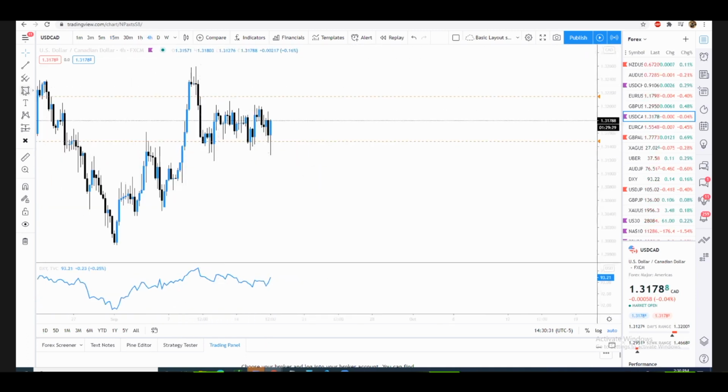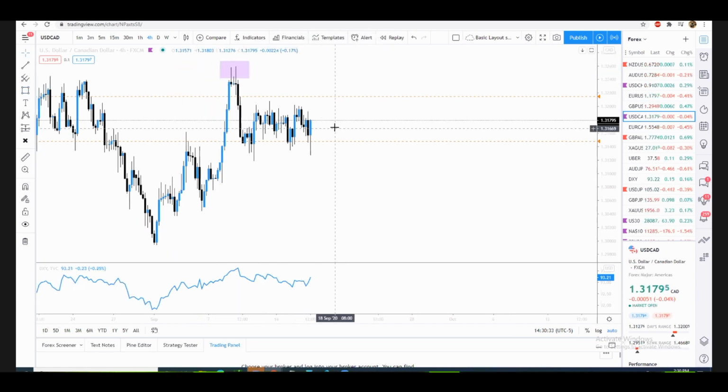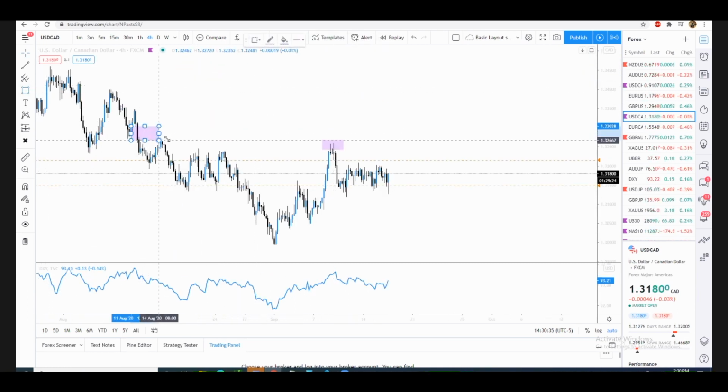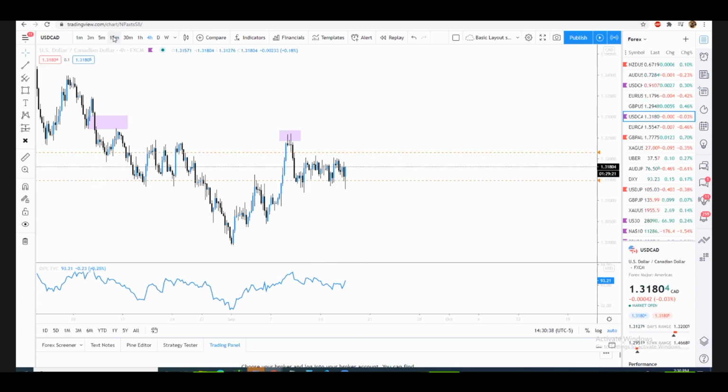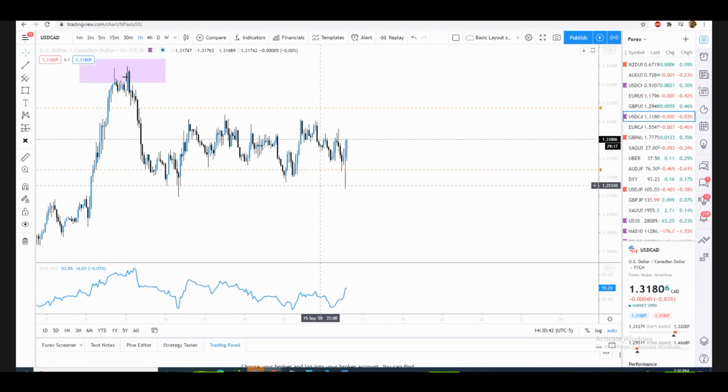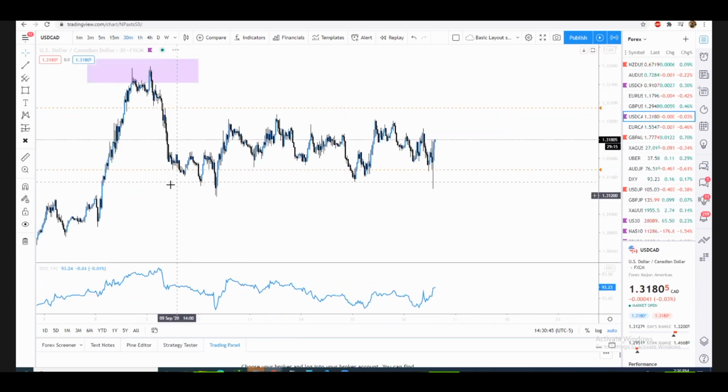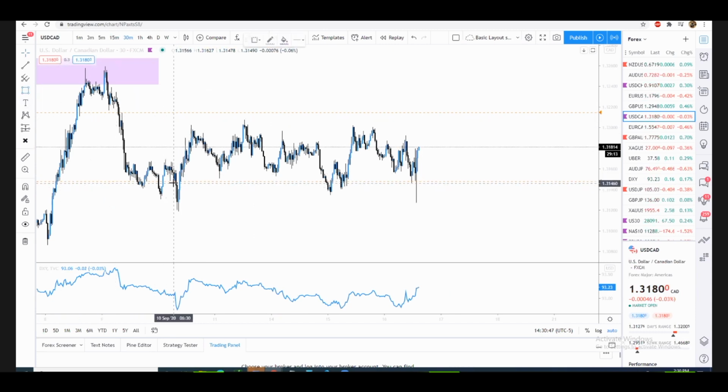Originally, we wanted price to come up in this area, right? There's imbalance and then liquidity up here. The area that we've been paying attention to is inside this area. And you can't just go into small time frames first.